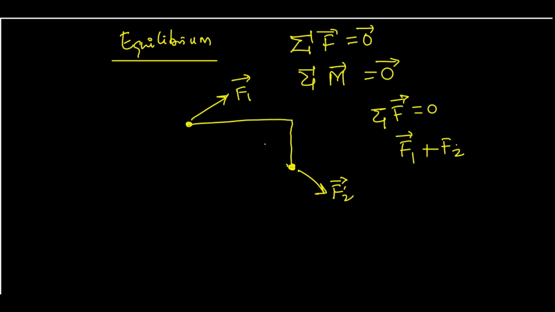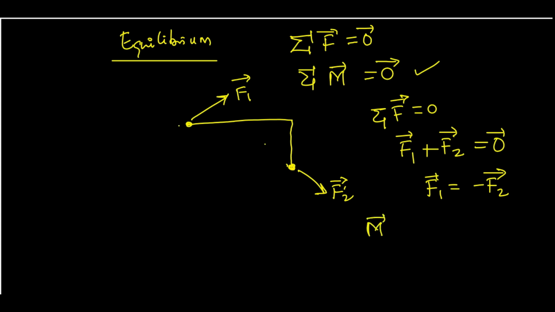So F1 plus F2 should be equal to 0. What this means is, if there is a body on which only two forces are acting, then both the forces should be equal and opposite: equal in magnitude, opposite in direction. So this is not possible; you should have equal and opposite.